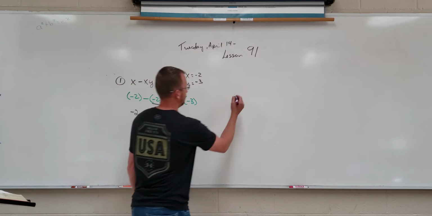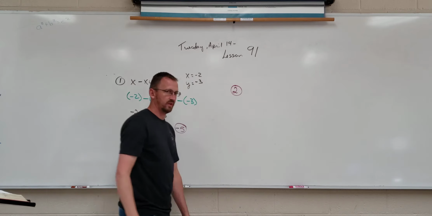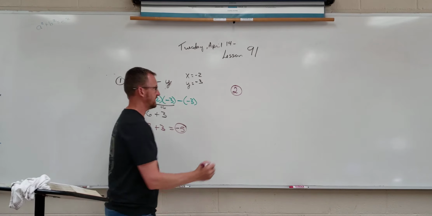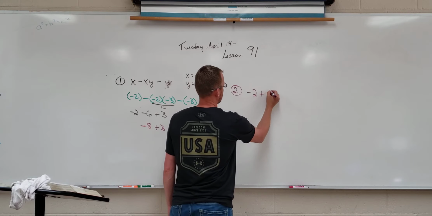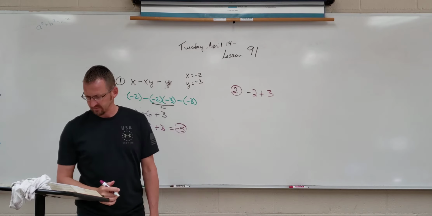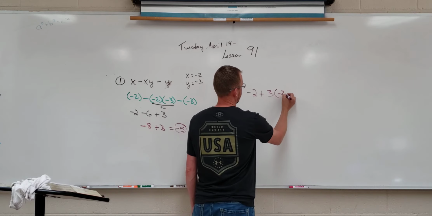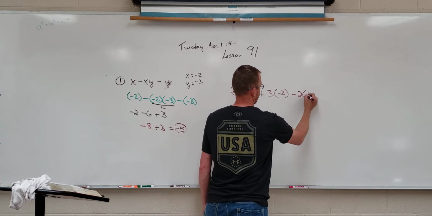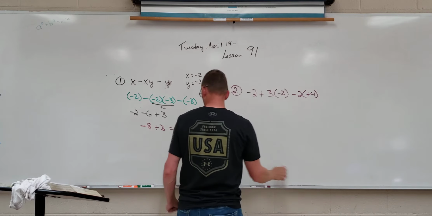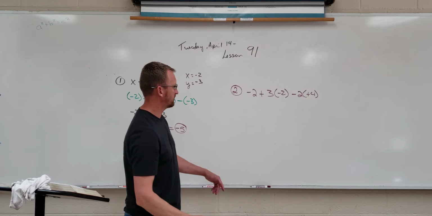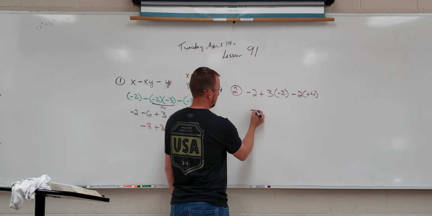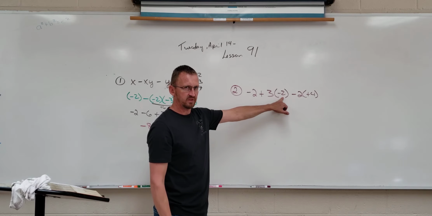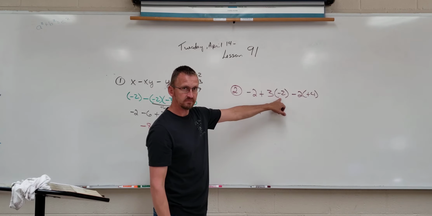Now, example 2, this is where I told you we were headed, that we would eventually get here. Now they're taking away some of those parentheses. And they're just asking you to solve. So, let's start solving. Negative 2 stays negative 2. 3 times 2 gives me 6. Positive and negative? Negative.